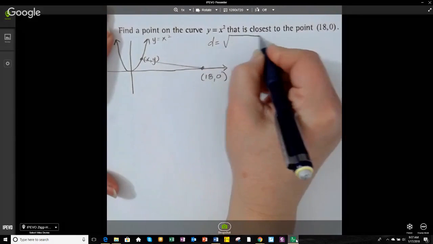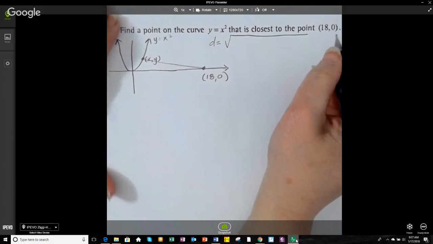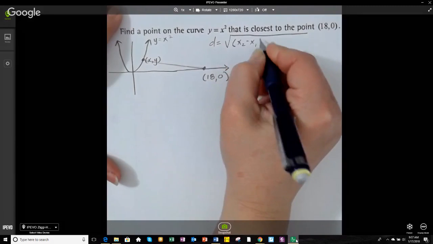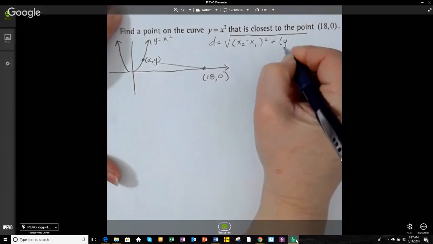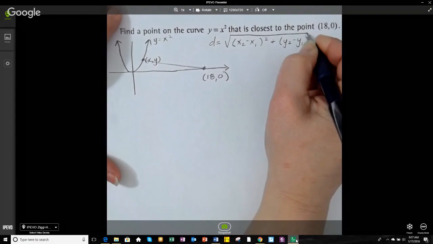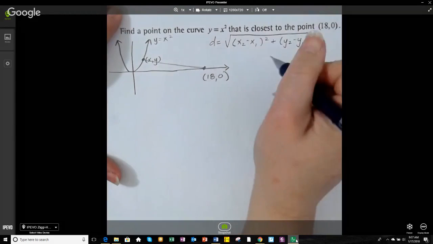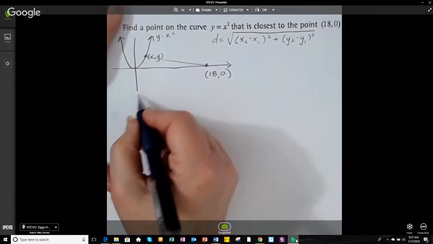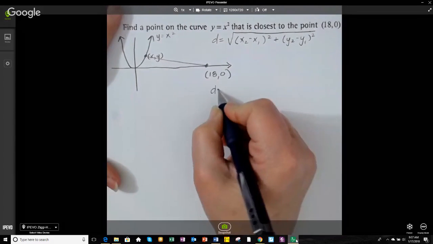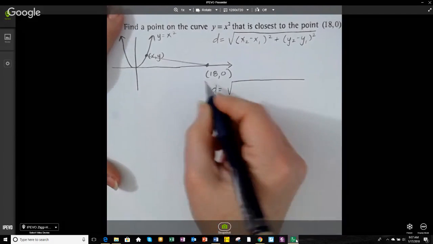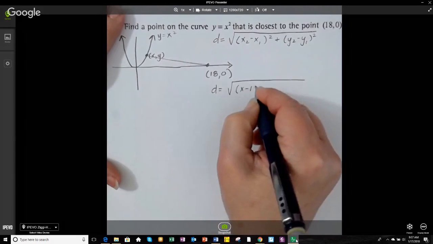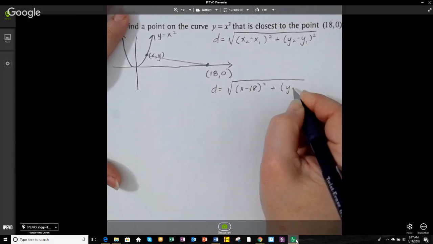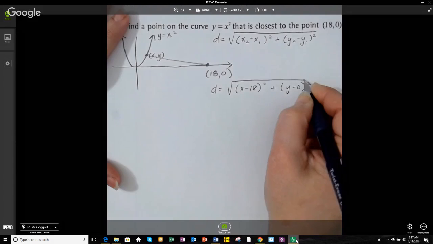The distance formula is equal to, yes, I hear groans in the background, the square root of (x2 minus x1) quantity squared plus (y2 minus y1) quantity squared. And I'm trying to find a minimum of this equation here. All right, so let's do that. So we'll say the distance is equal to the square root of, well, what's the distance between these two points? It's going to be (x minus 18) quantity squared plus (y minus 0) quantity squared.